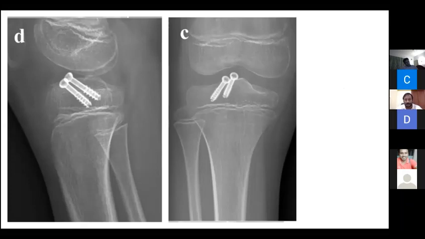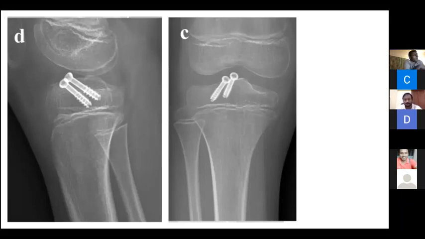It's a growing child. Or we can use threads itself. We just pull down the fragment and then tie from outside. Yes, well, tying from outside is a different method altogether. Fixation with cancellous screw is different, and tying from outside is a totally different technique.